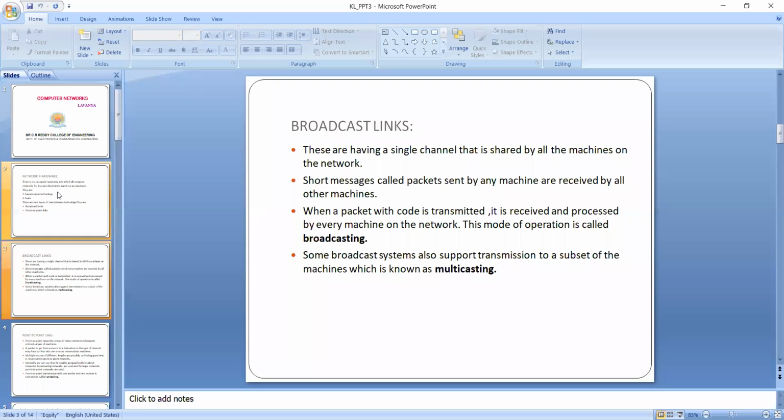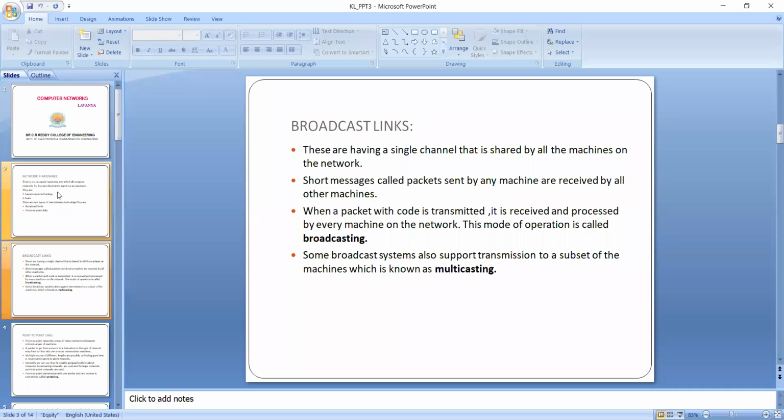Even though any machine, if there are 100 machines, can send the information, it is received by all the remaining machines working on that network. But in the packet, there is an address field and the specific machine's address is specified there, and that machine has to respond. Okay, clear?